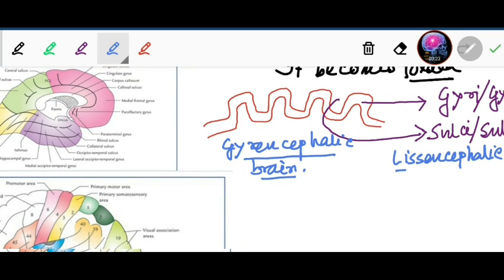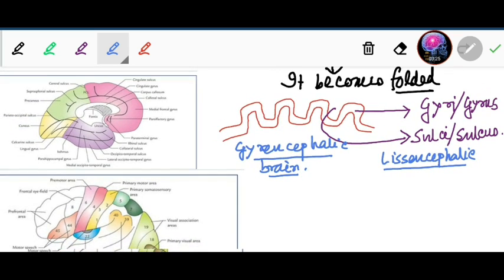So gyrencephalic brain and lissencephalic brain. In general, man and other higher mammals have gyrencephalic brain. So man plus higher mammals, they produce the gyrencephalic brain or brain with convolution, while the reptiles, birds and lower mammals have lissencephalic brain.